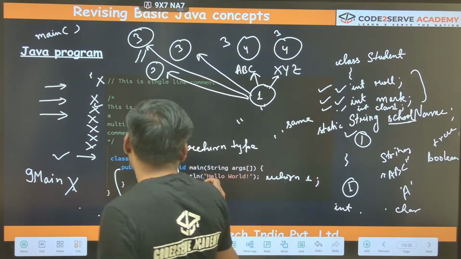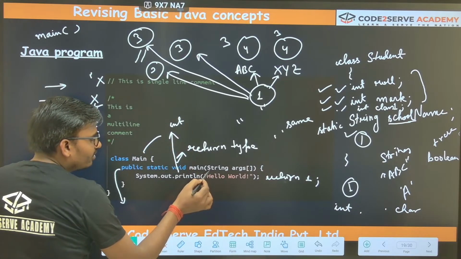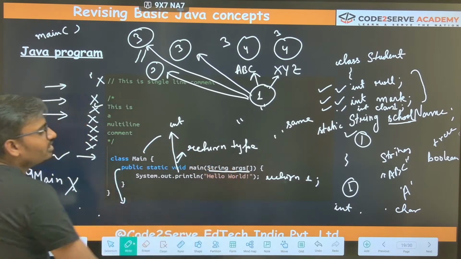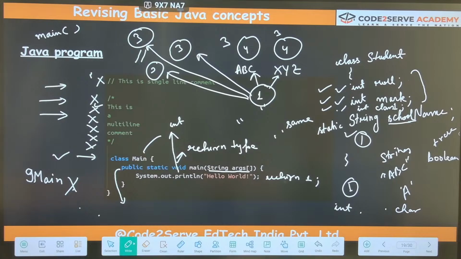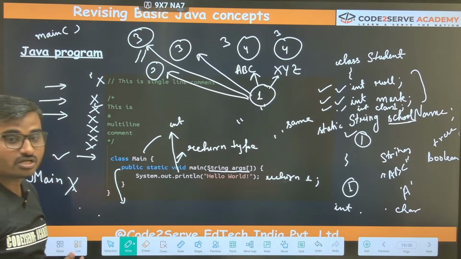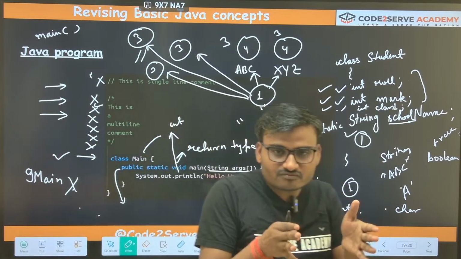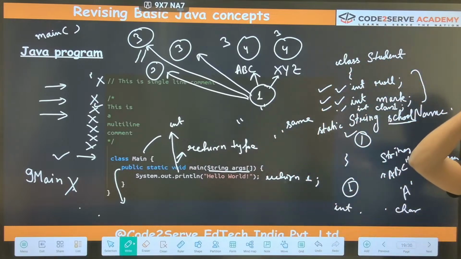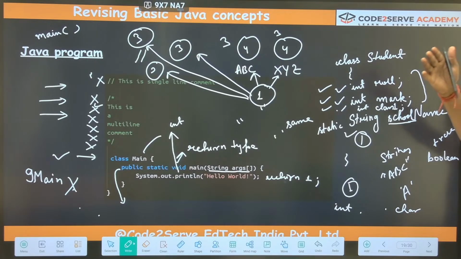Now next, whatever you see over here, these are all the arguments. It means in this function, I'm passing something. Like in the last class, you might have learned about mathematical library functions like the pow function, floor function, ceil function. You are passing something like 3.5 to the floor function.